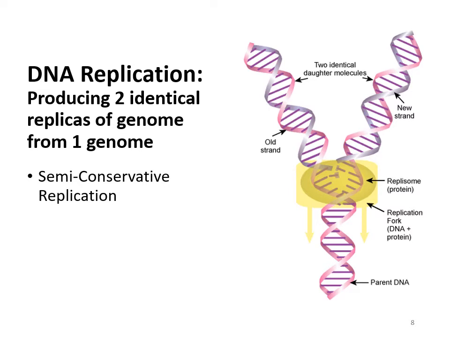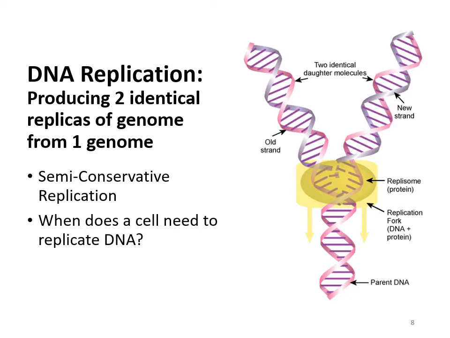The other thing that you always want to ask yourself is, when does a cell need to replicate DNA? And we touched upon this in the previous lecture as well. A cell needs to replicate its DNA before mitosis. Okay, so always write that down, put stars, circle that.